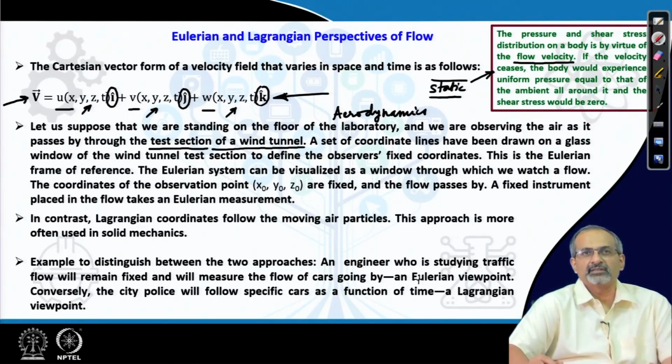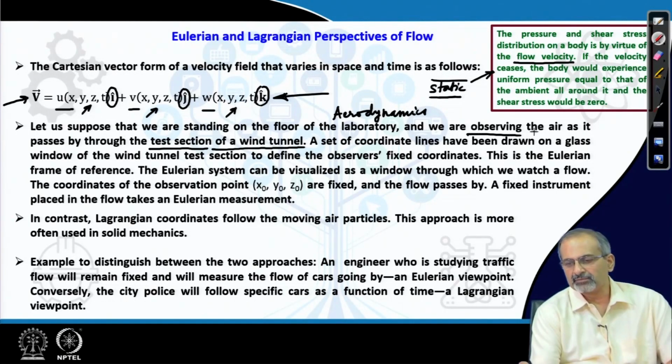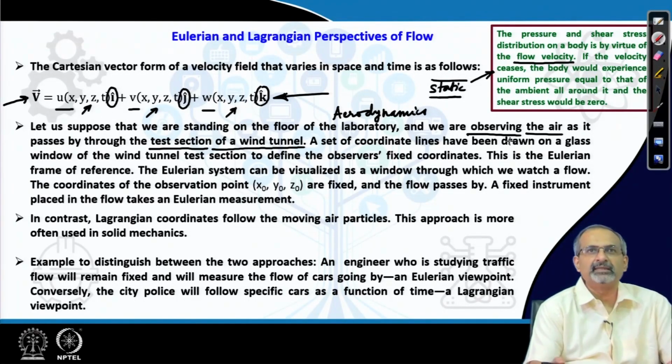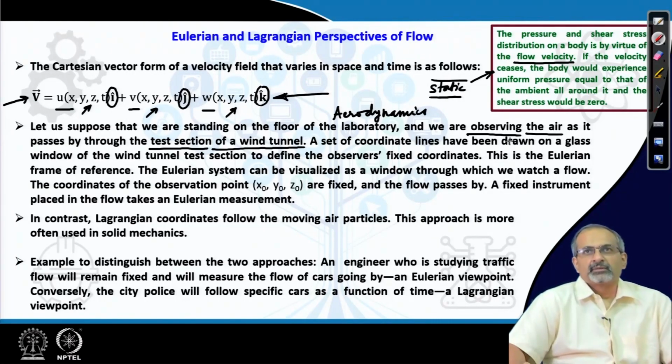That is where the models are located, that is where the measurements are made. So, we are standing on the floor of the laboratory and we are performing some experiments. To begin with, we are observing the air by some means, and we are seeing it as it passes by through the test section of a wind tunnel.